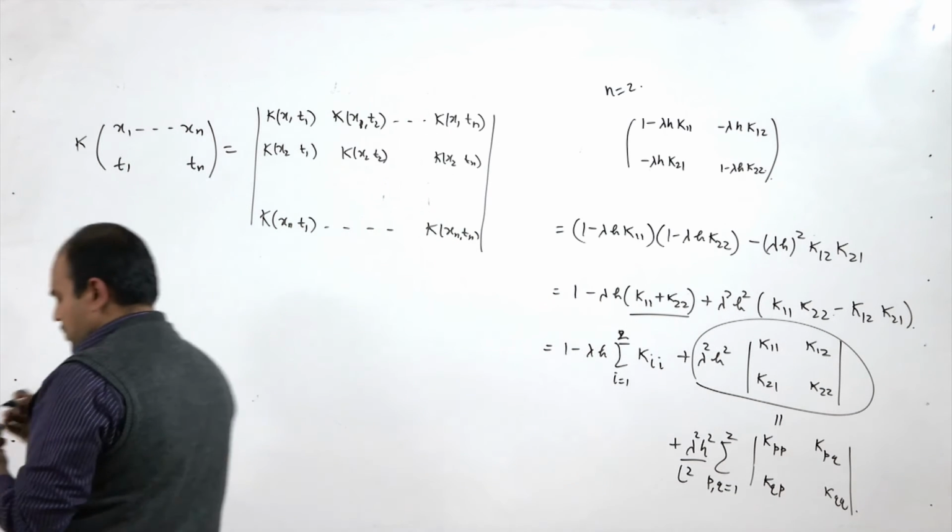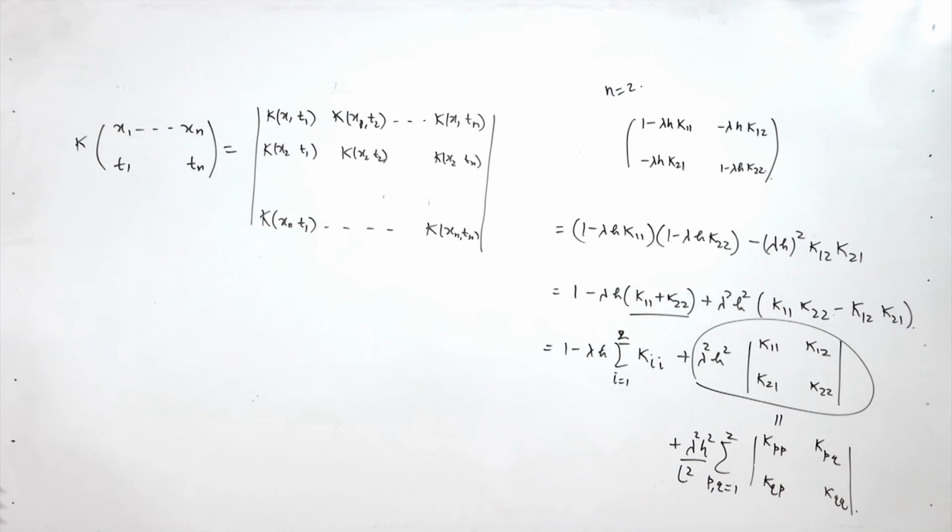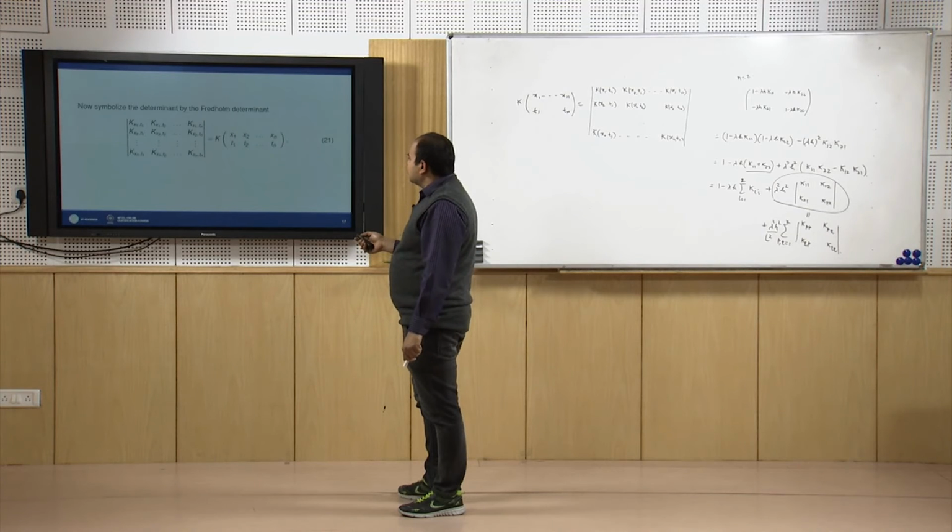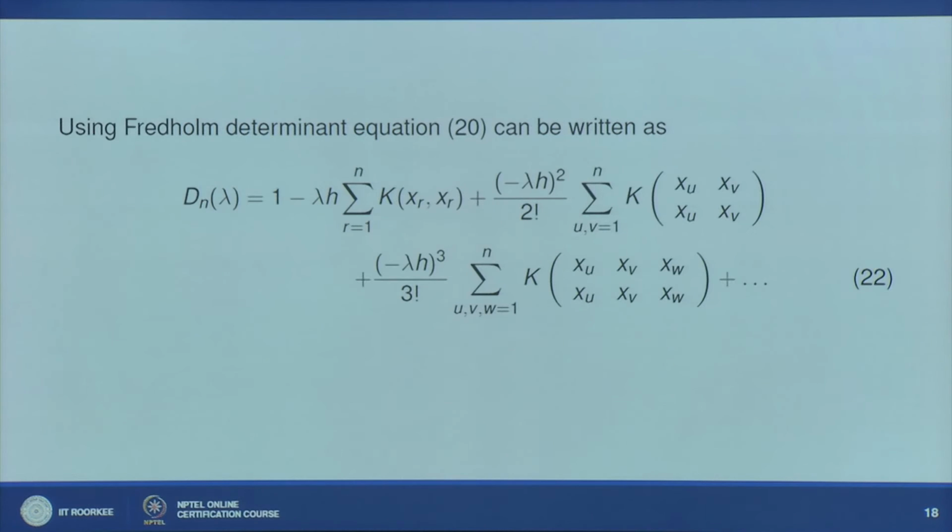This is the notation we are using, and this determinant is also known as the Fredholm determinant. In this notation, Dn(lambda) can be simplified as: 1 minus lambda h times the sum over r from 1 to n of K(xr,xr), plus (minus lambda h) to the power 2 upon factorial 2 times the double sum over u, v from 1 to n of K(xu,xv) determinant, plus so on.